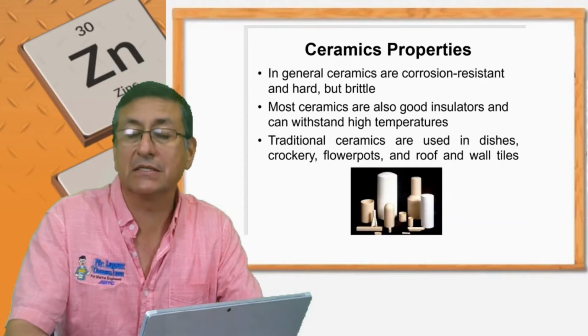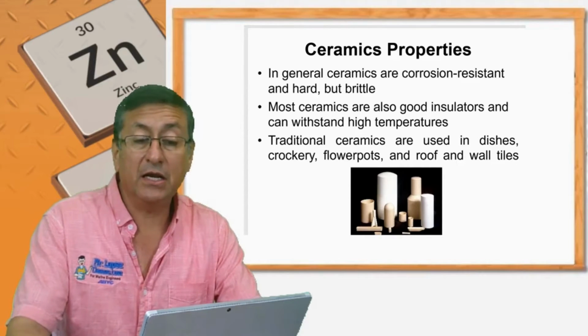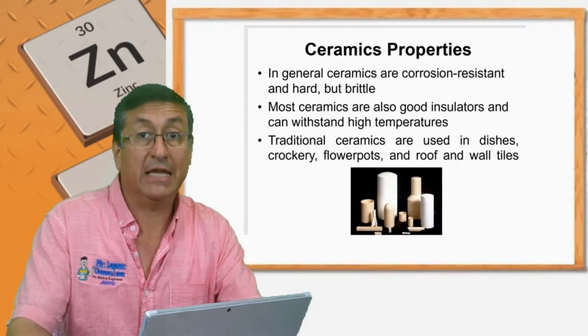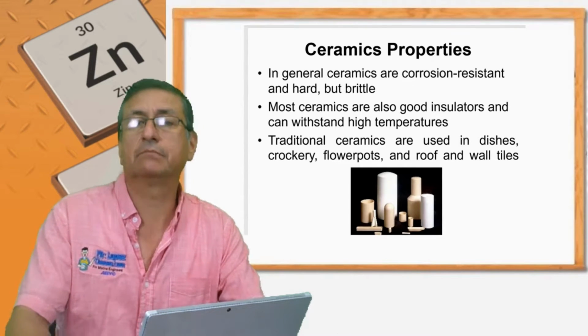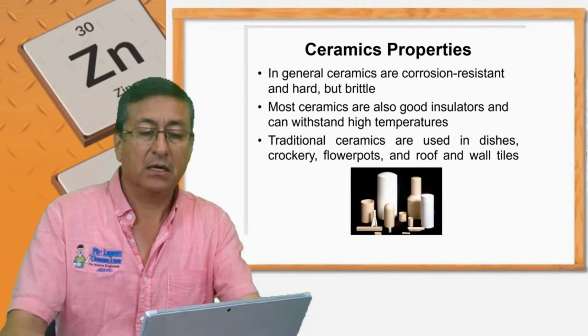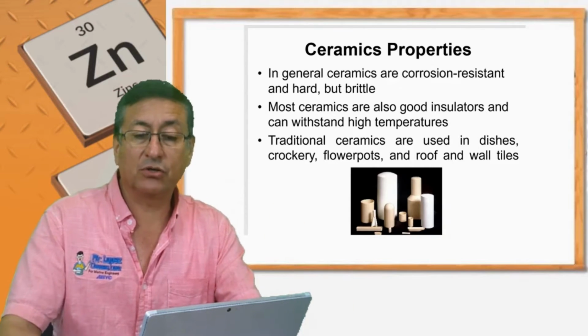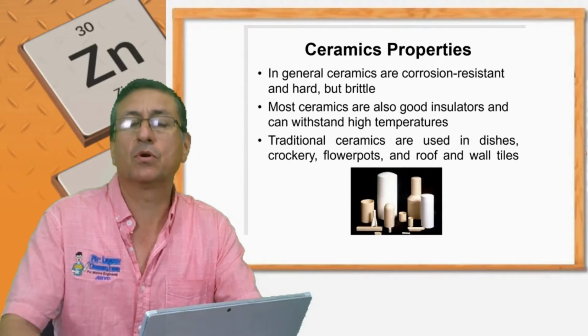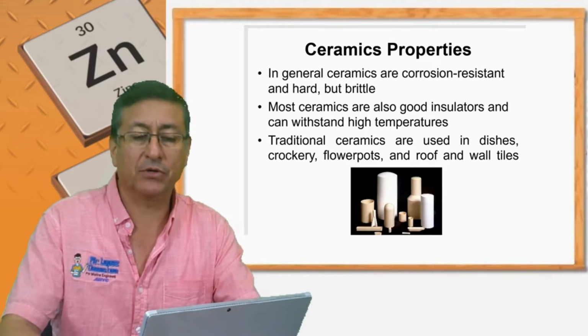Ceramic properties. They are in general excellent in corrosion resistance. They are very hard, but they are also very fragile, easy to break. The majority of the ceramics are also good insulators, and they can support high temperature. Why?